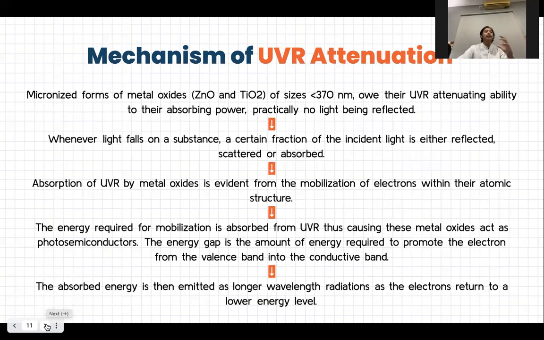This energy gap is calculated using quantum theory and corresponds to a UV wavelength of 385 nanometers for ZnO and titanium oxide respectively. The absorbed energy is then emitted as longer wavelength radiation as the electrons return to the lower energy level. This whole event occurs within less than 10 seconds.